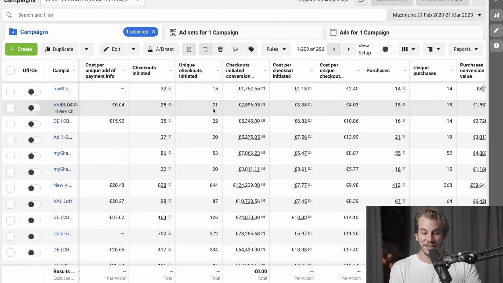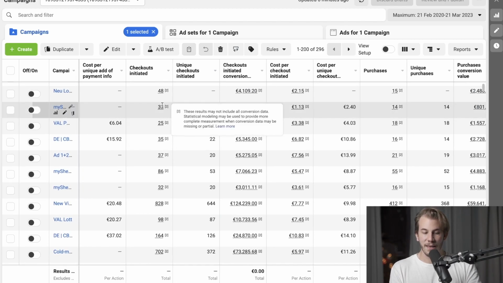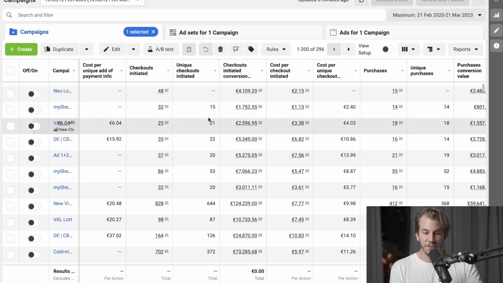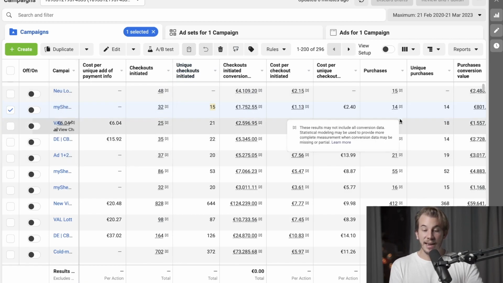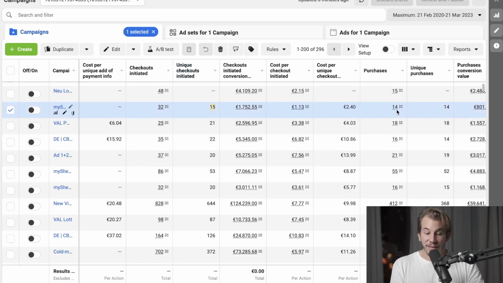So here it's quite interesting to see that there were 32 checkouts counted of 15 individual checkouters. So you don't have 32 potential customers, you have maximum 15, because these are the unique ones. And now getting 14 sales out of 15 unique checkouts, wow.